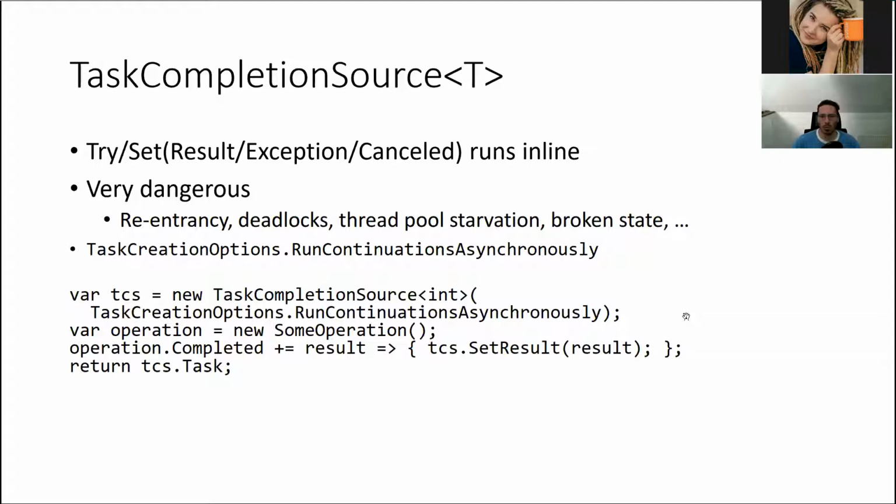There might be some reentrancy, some deadlocks, and possibly other problems. So you should probably always use RunContinuationsAsynchronously with the TaskCompletionSource. That means all the continuations scheduled with the task will run asynchronously, in some extra thread pool thread or something like that, and will not run inline.